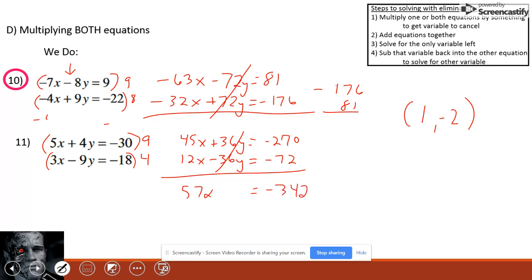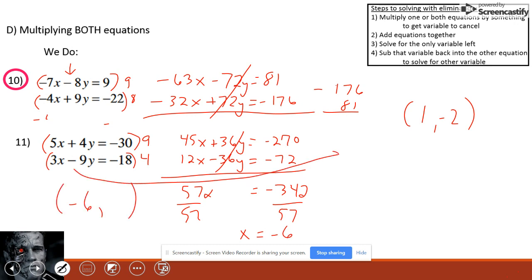Big numbers. Okay. Double check your math, but 6 goes in there 6 times, I believe. So x equals negative 6. Half my answer. Always write it.